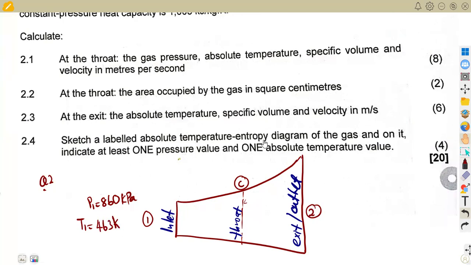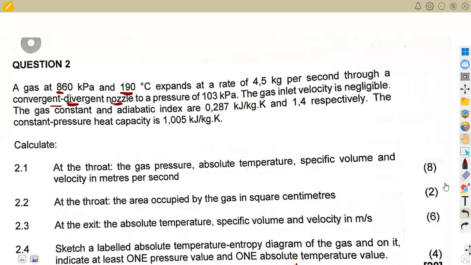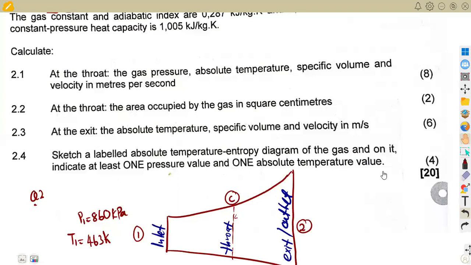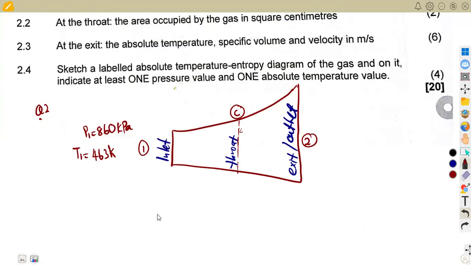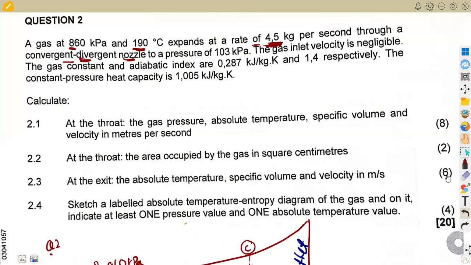Then also we have got the rate at which the gas is expanding. It is expanding at a rate of 4.5 kilograms per second. What else?